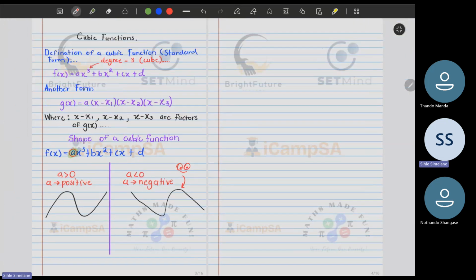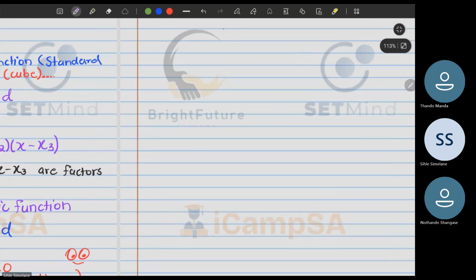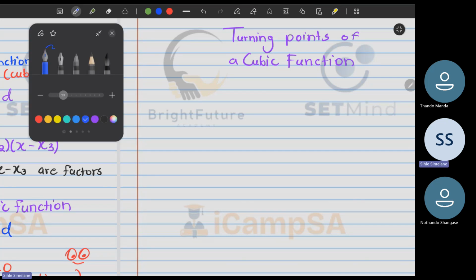Then what I need you to be aware of next is turning points. So we are looking at turning points of a cubic function. So how do we deal with turning points of a cubic function?